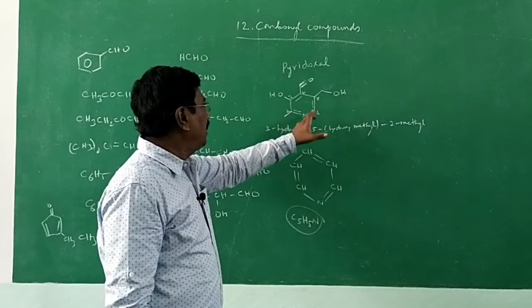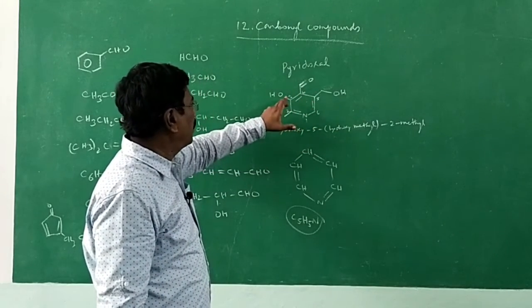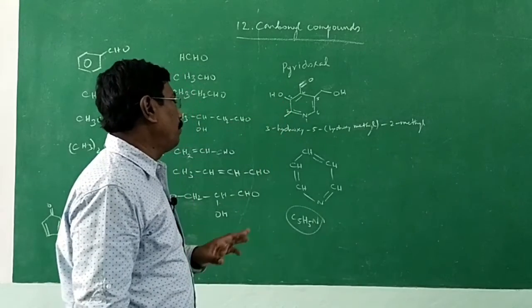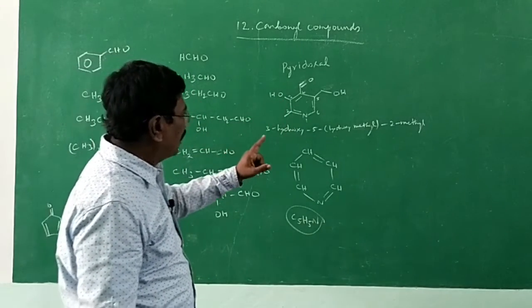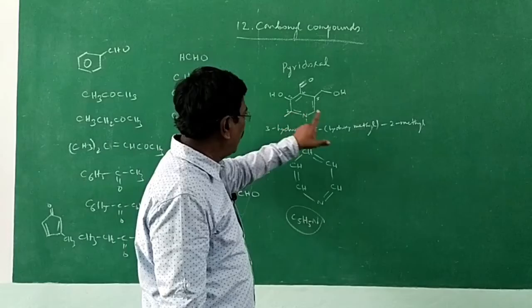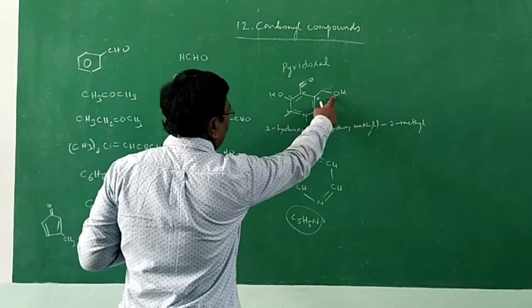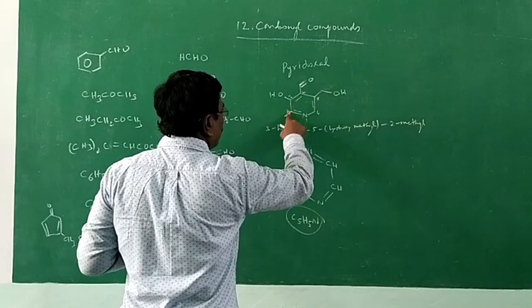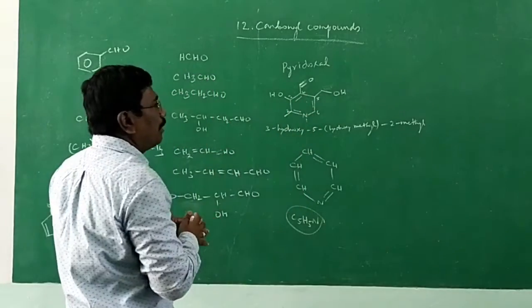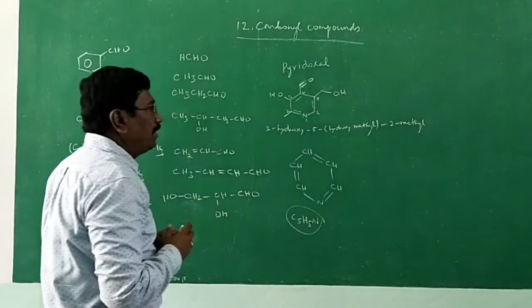Instead of trying this side, this side is better because it has OH as well as a methyl group. 3-hydroxy. It is arranged in alphabetical order: hydroxy, hydroxymethyl, methyl, and then we have the basic compound. What is it? Pyridine.